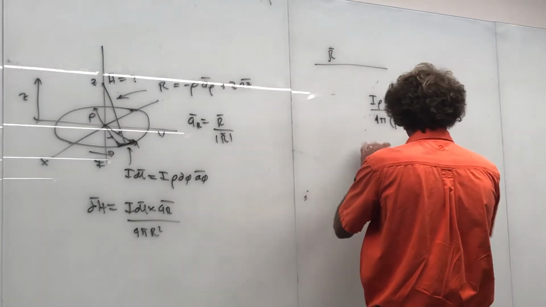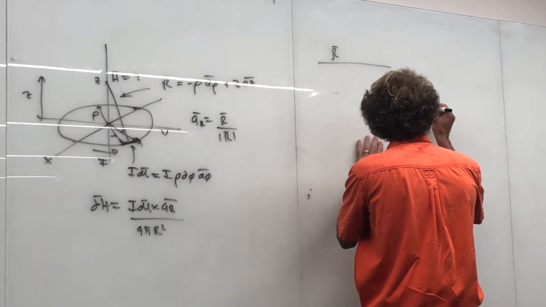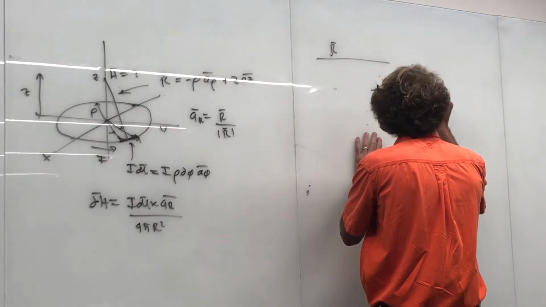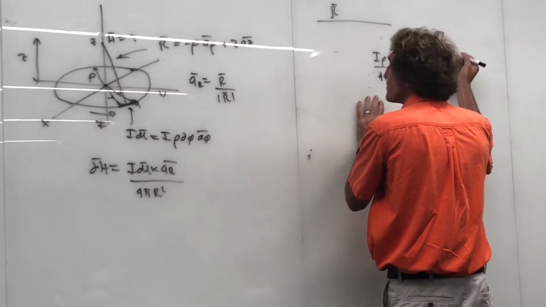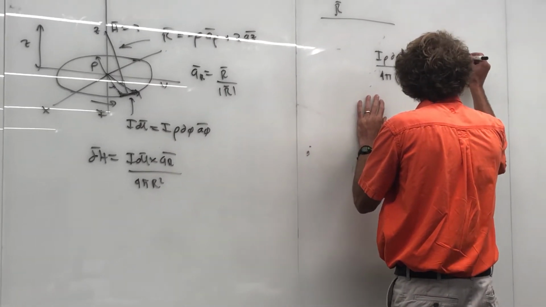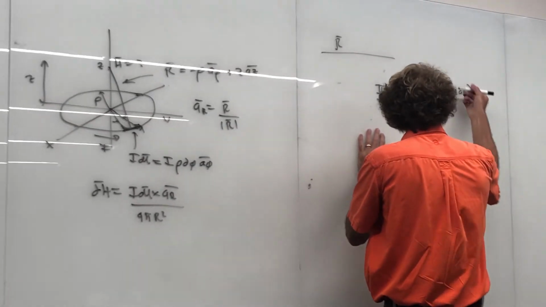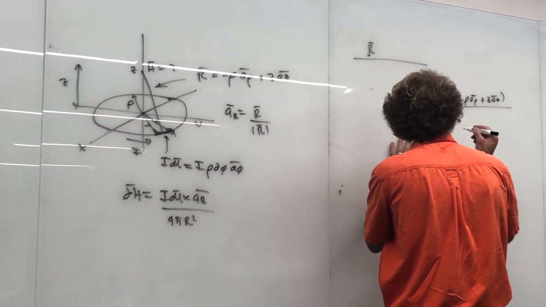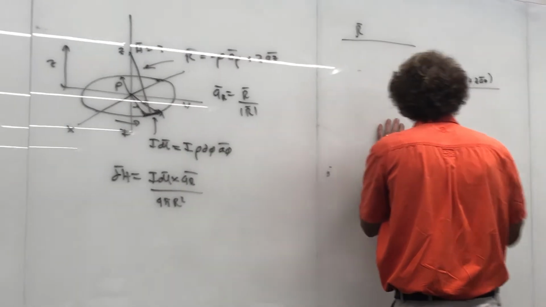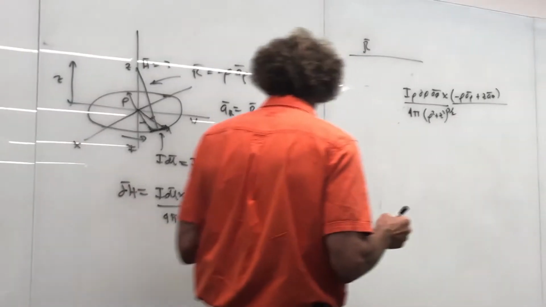Squaring that brings this out, and it's crossed into aR, which is going to be minus rho a rho plus z a z over the square root of rho squared plus z squared, or make this to the 3/2 power, and that would be the differential H field.